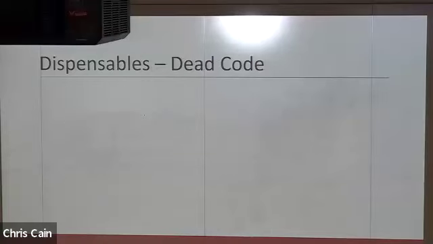Next dispensable is called dead code. This isn't an entire class, but it might be part of a class that is no longer used. So a particular field or method, if it's inside of a driver class, it could even be a variable or a parameter to a method that we're just not using anymore because of a particular refactor.